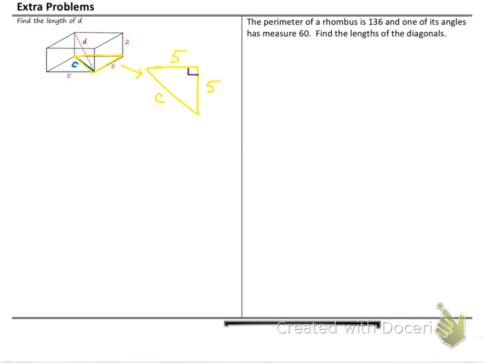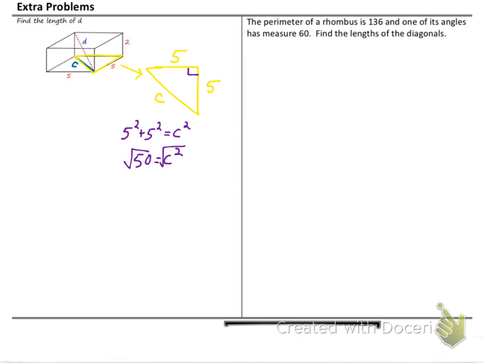So that means I can use the Pythagorean theorem to go 5 squared plus 5 squared equals c squared. 5 squared is 25, plus 25 is 50, equals c squared. I take the square root of both sides. What perfect square goes into 50?